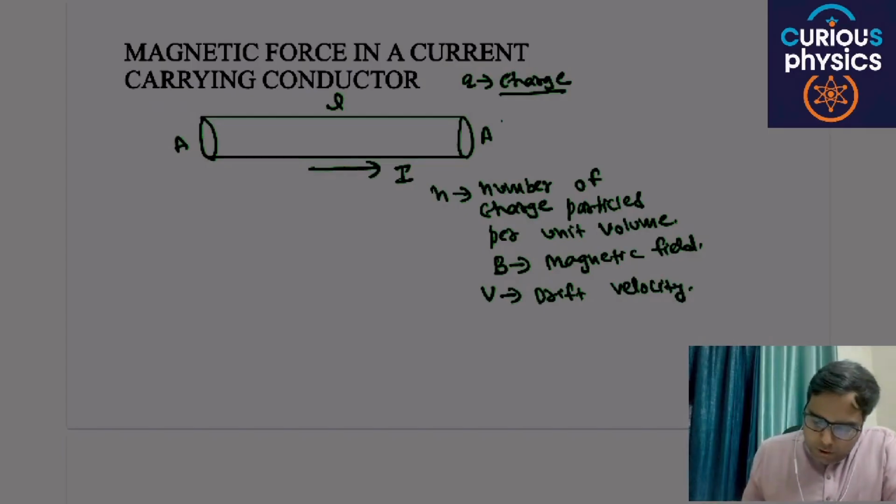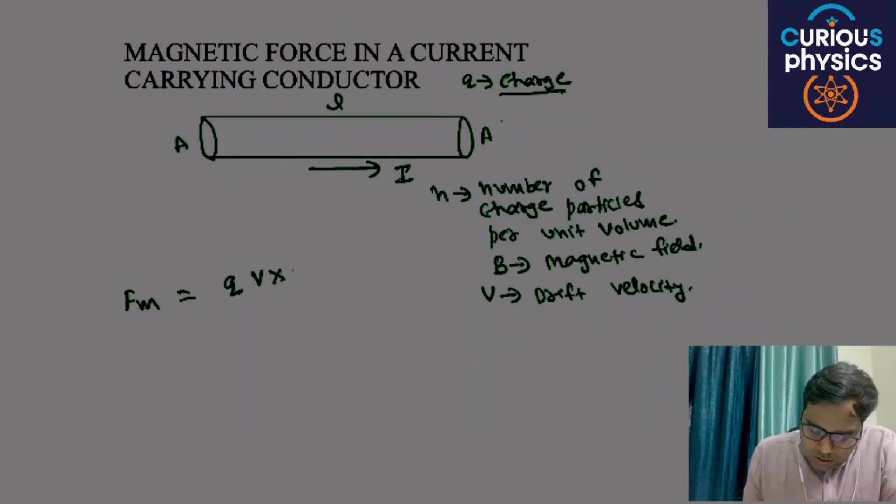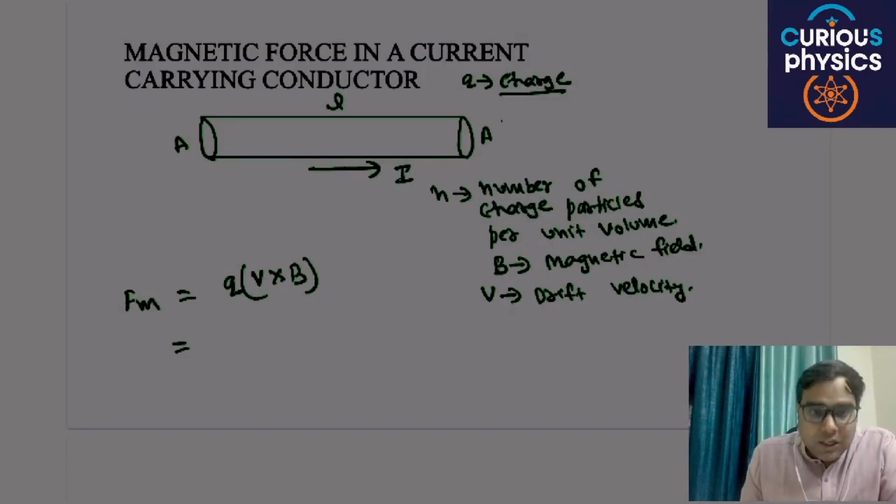Then according to the Lorentz force, the magnetic force will be Q V cross B. Here Q means the total charge, not the charge of one particle.